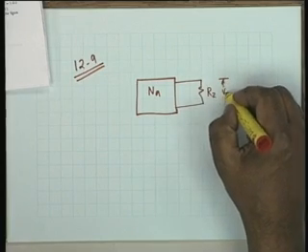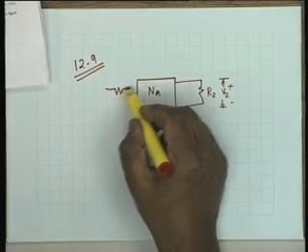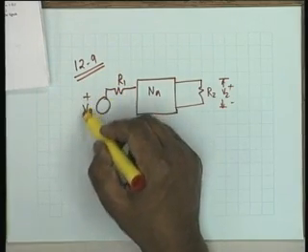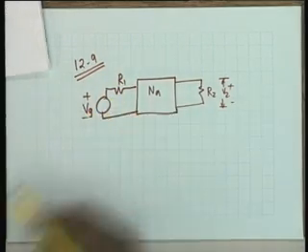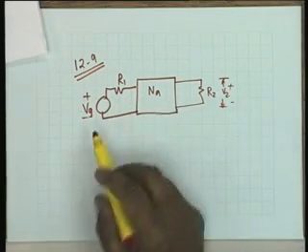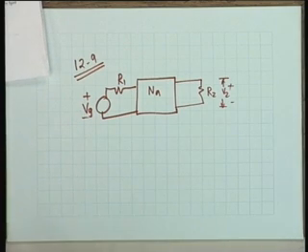This is V2 and there is a voltage source Vg in series with a resistance. It is not an ideal voltage source. It has a resistance. That means there is termination here also. Such a network is called a doubly terminated two-port.